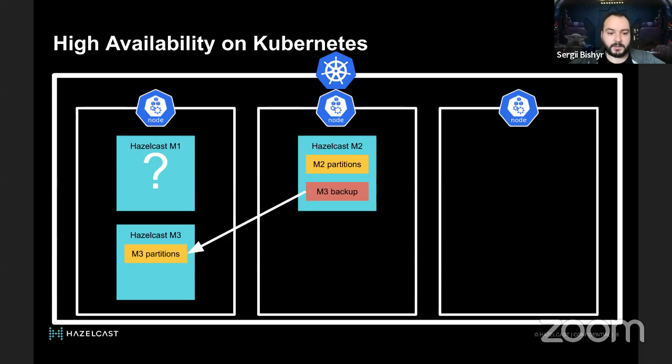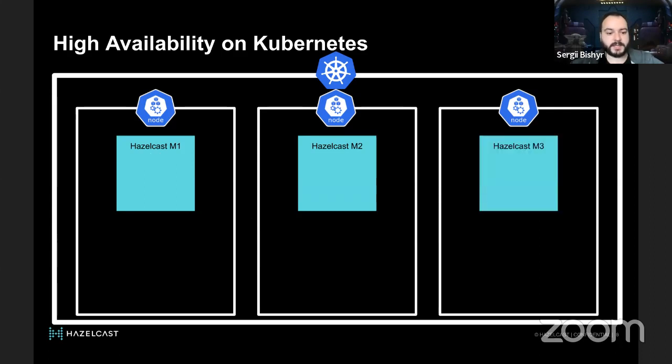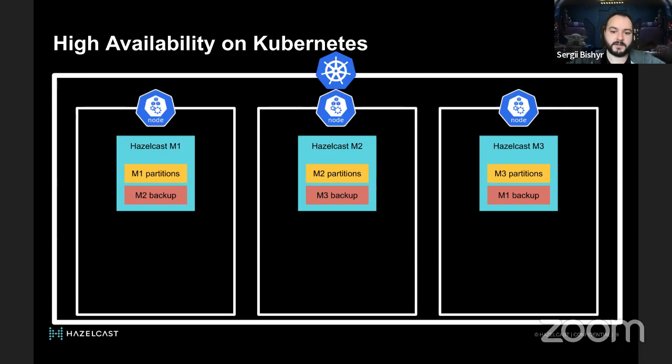Yeah, so now let's see what we can do in this case. First of all, we could instruct Kubernetes that we should run all of the members on separate nodes. In this case, we will make sure that all the data partitions are stored on different nodes. So if any node crashes, then we can still restore our data.